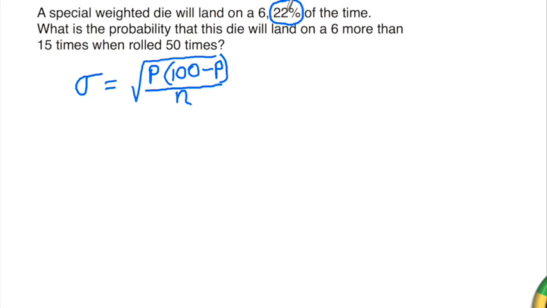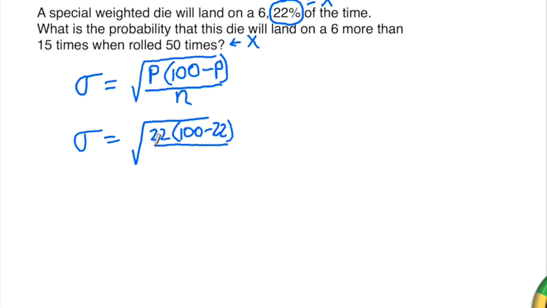This one would be considered X bar, and this 15 out of 50 is going to be the X in our statistics, the instant data value. So we're going to start off with sigma equal to the square root of p, which is 22, times 100 minus 22, all divided by how many times we're going to do it, which is 50.